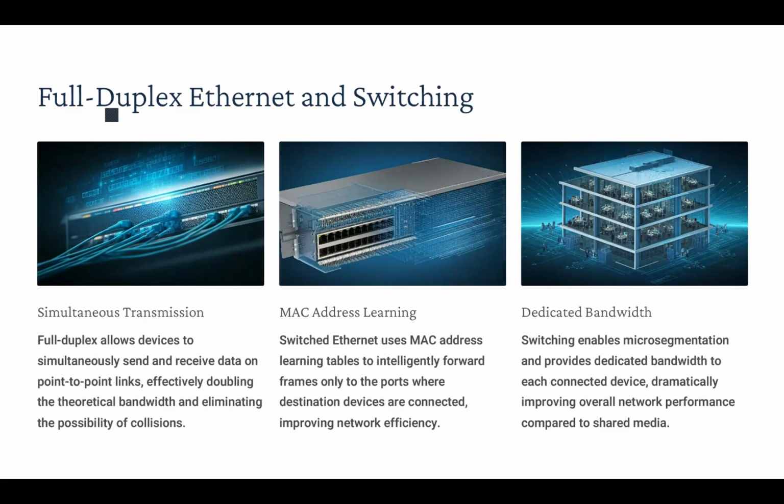Ethernet switches maintain a MAC address table, dynamically learning the source address of incoming frames, so they can make intelligent forwarding decisions. Because full duplex Ethernet provides dedicated point-to-point links, there is no contention for the medium.